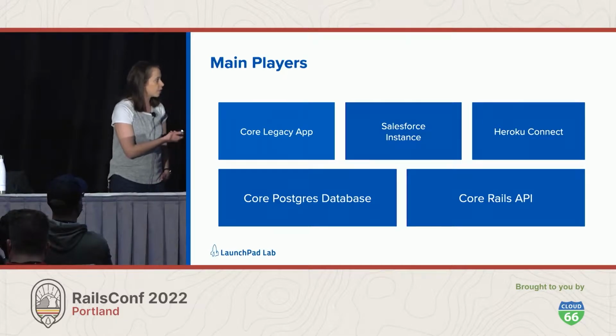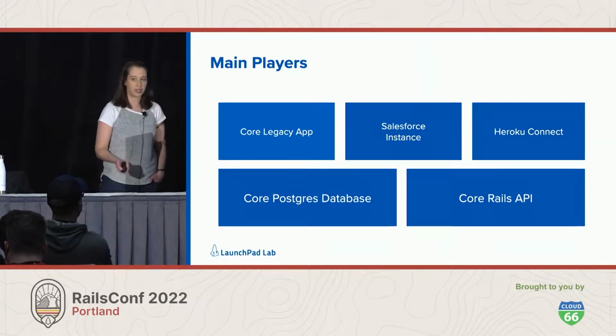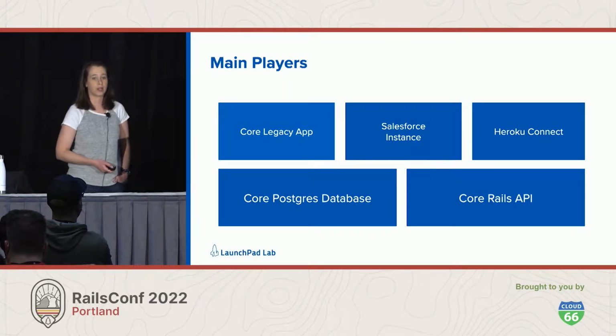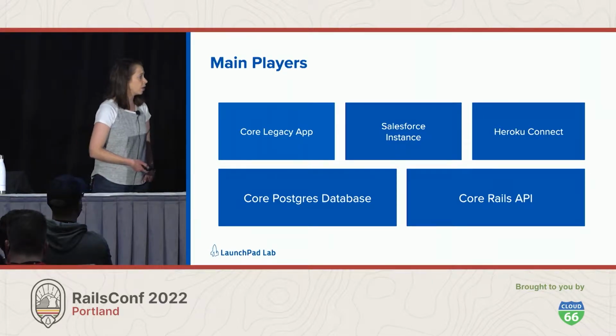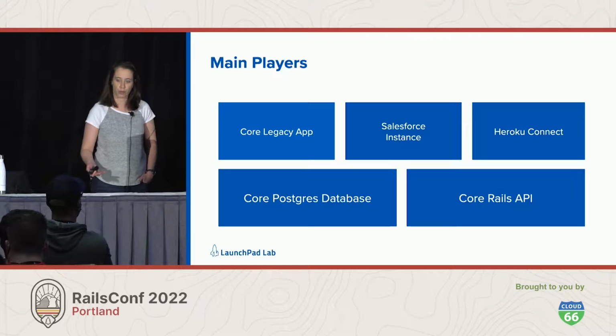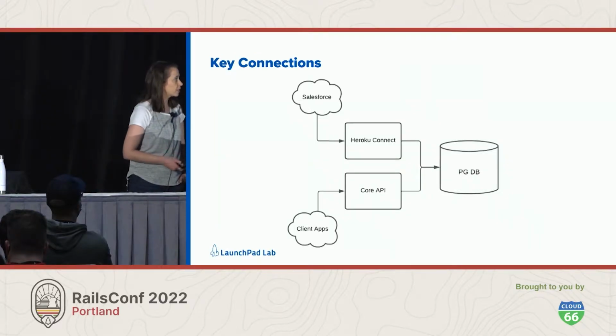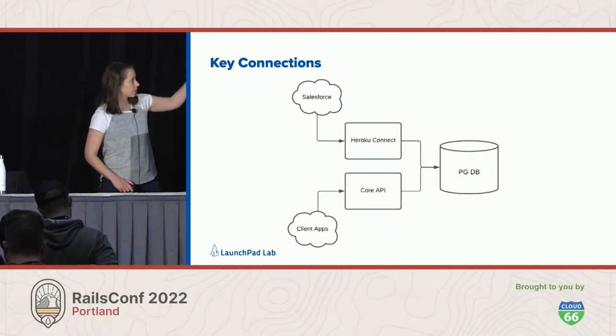Then the couple main players, once my team was engaged, are the core Postgres database that, like I mentioned, we had migrated from MySQL. And some of the work that we did, we had written a Rails API around that database that some of the other integrations can work with. So what they look like all together, sort of connected: they've got Salesforce.